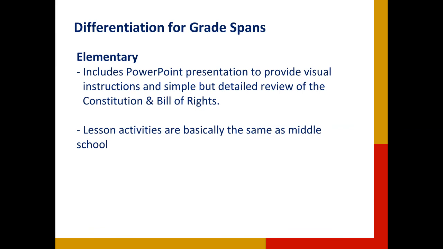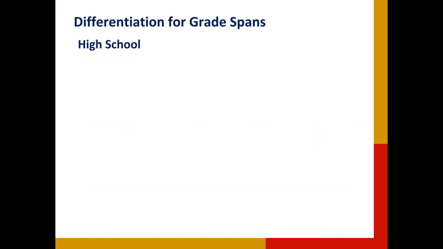And that presentation also includes a simple but pretty detailed review of the Constitution and the Bill of Rights and what they are, why we have them, where they came from, and what they include. So it's just a little bit more support at every step of the way in the lesson to really help set those younger students up to be able to then look at these sources and come up with their own amendments, like Damon just described.